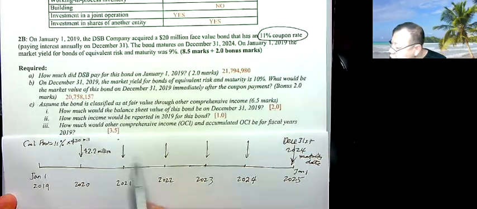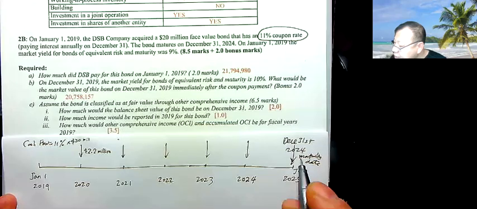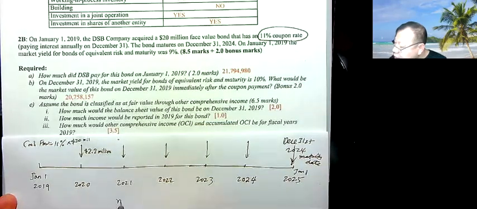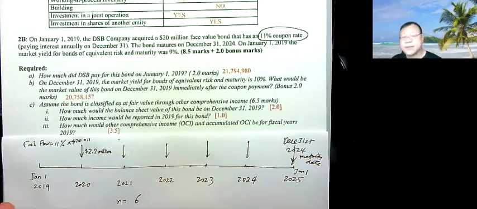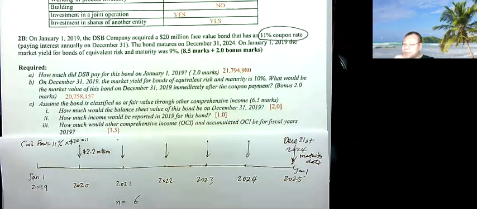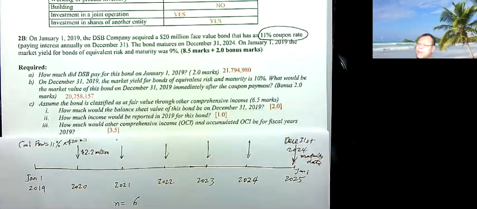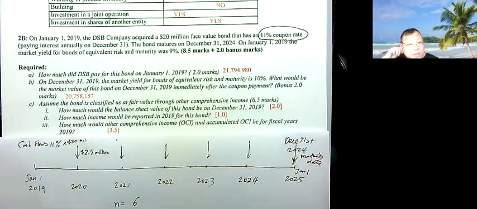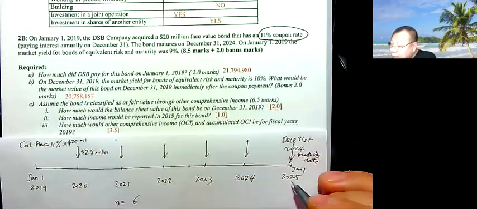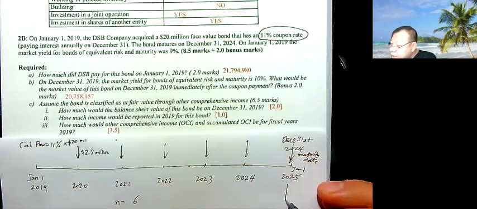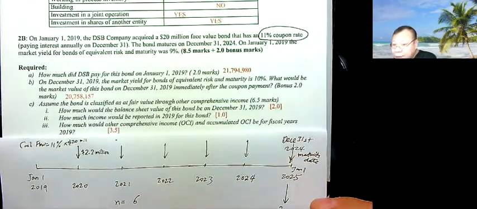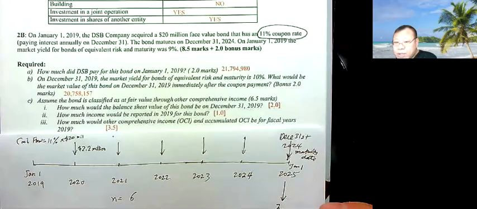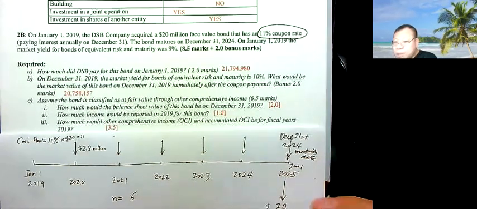For 1, 2, 3, 4, 5, 6 years. So your N equals 6. Another cash flow would be at the very end of the term, you are going to get back that 20 million, right?